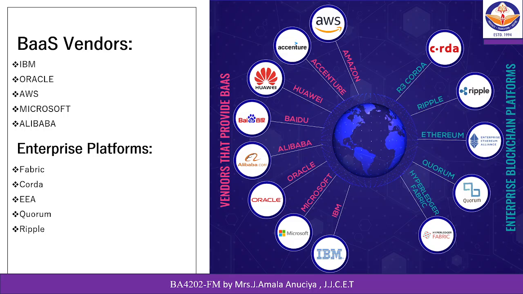The enterprise platforms that make BaaS functional include Fabric, Corda, Quorum, Ripple. The future does look bright: enterprise blockchain will continue to grow and more companies will use it. Moreover, there will be more dedicated networks that are going to use decentralized technology.